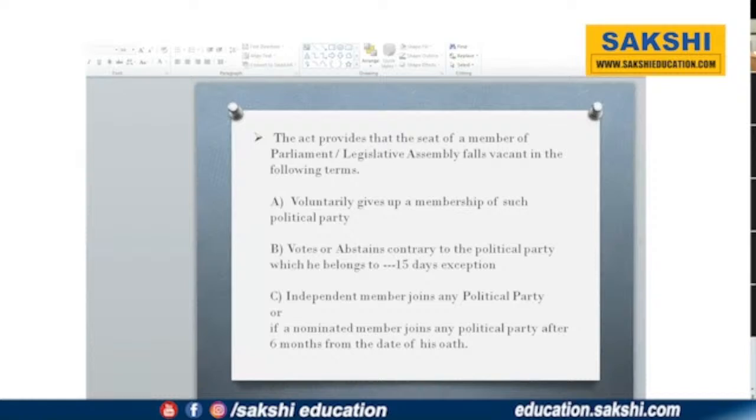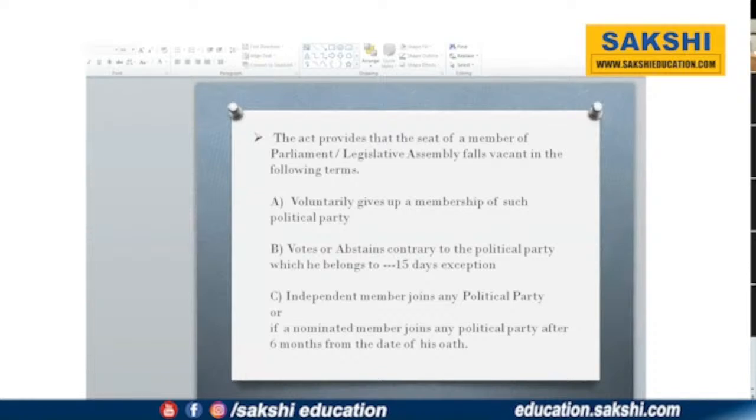And in case he is absent for voting, or if he acts contrary to the whip issued by the party, then he has to be disqualified from that legislature.